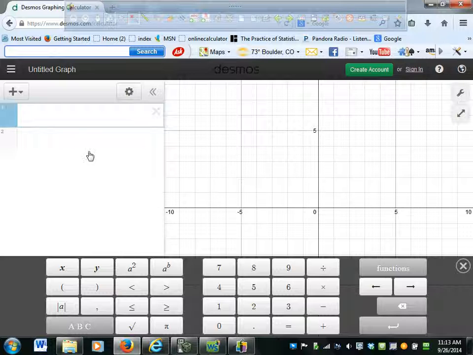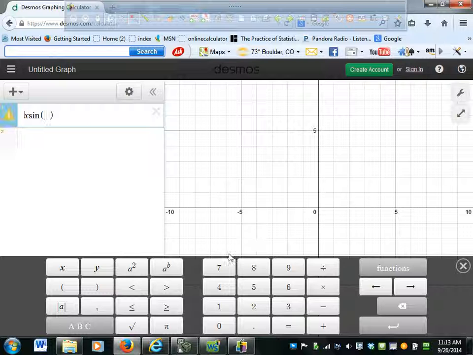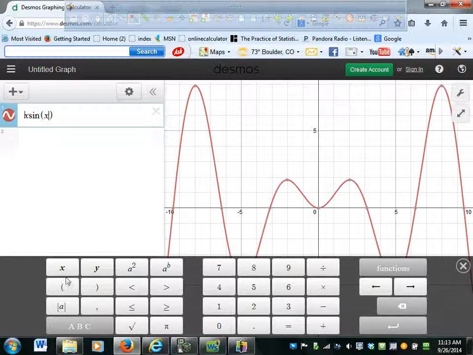And so I'm going to type in y equals x sine x. You could go to functions, x sine x, and that looks kind of like that. Okay? Now, that's kind of cool, but let's find some other cool things about this.